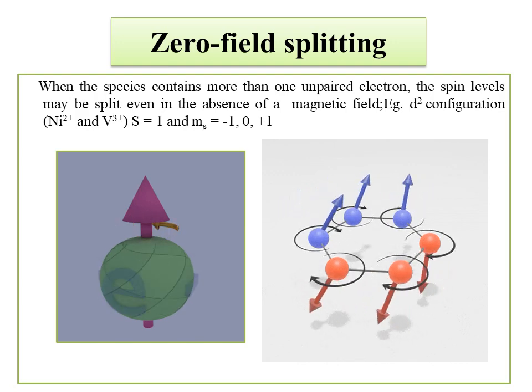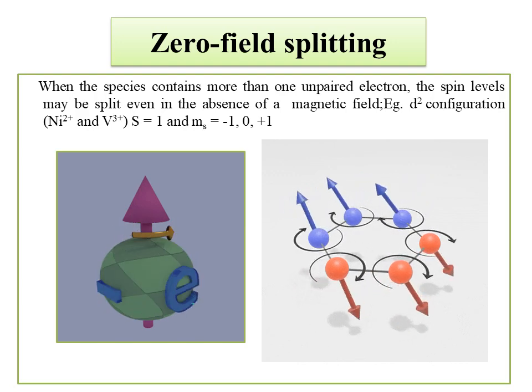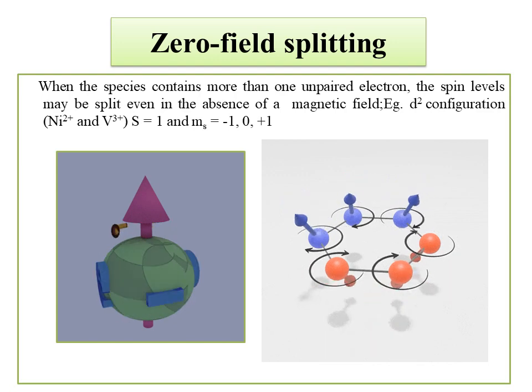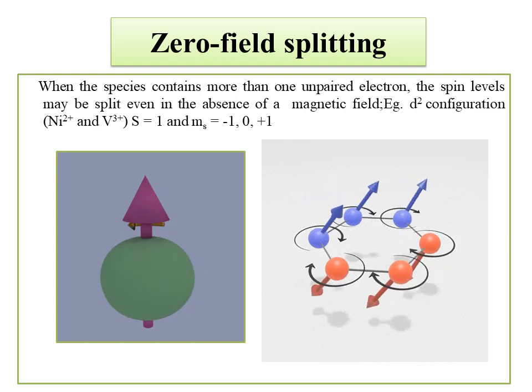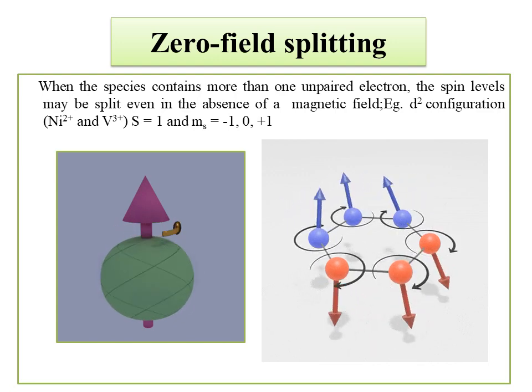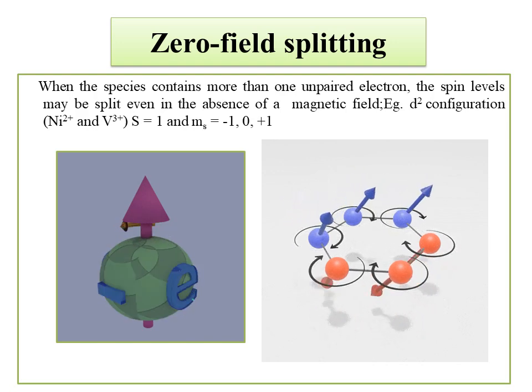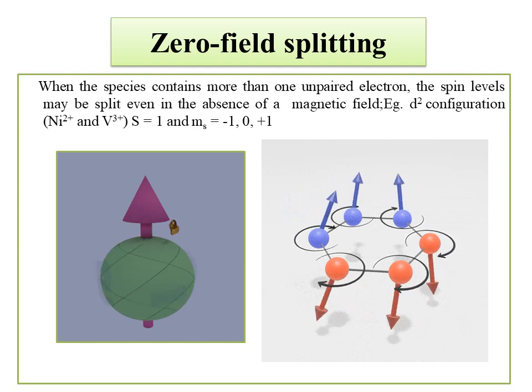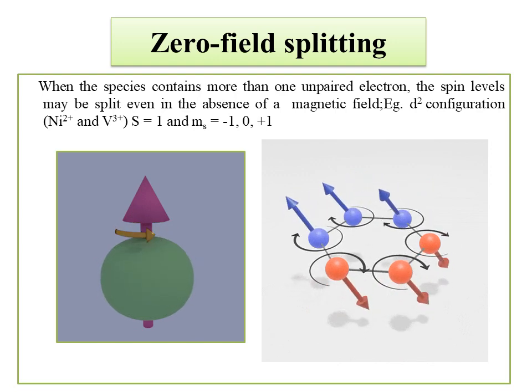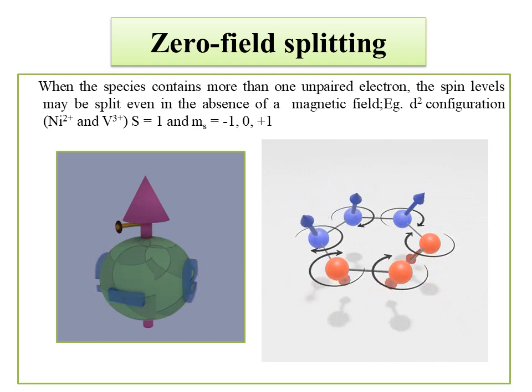Let us see the zero field splitting in Ni2+ and V3+, both having d2 electronic configuration, both having 2 unpaired electrons. So S is equal to 1 and Ms has 3 values, that is 0 and plus or minus 1.